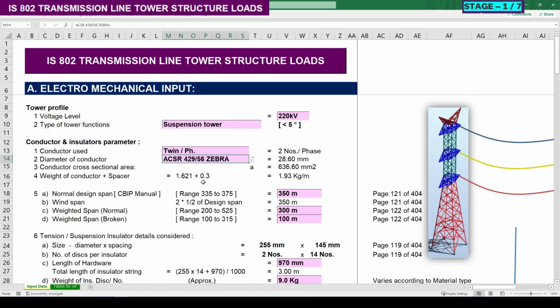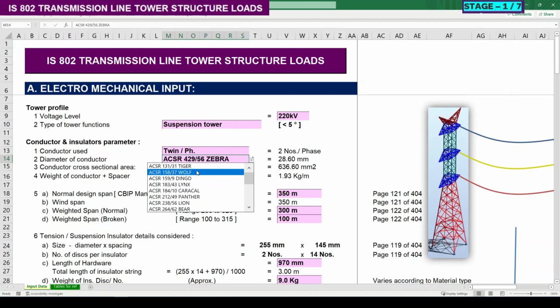For conductor types, for example ACSR zebra or ACSR ostrich, there are various types named after animals. These are the types followed in Indian standards.